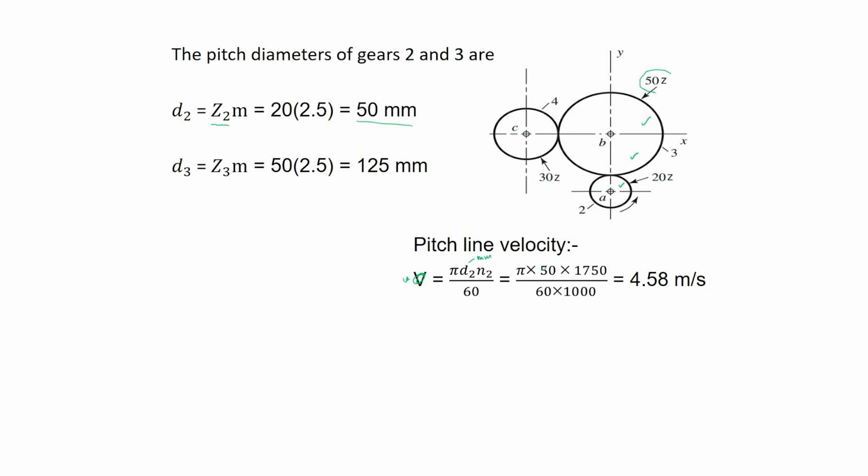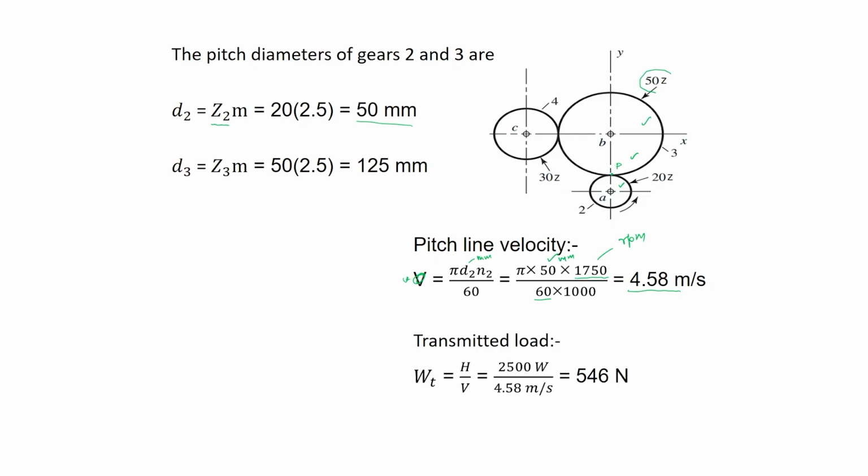Substituting the values, d2 is 50 mm, the RPM of the pinion is 1750, divided by 60 to get revolutions per second, and since d is in mm, it is divided by 1000. So the pitch line velocity is 4.58 meter per second. This is the pitch line velocity along this pitch.